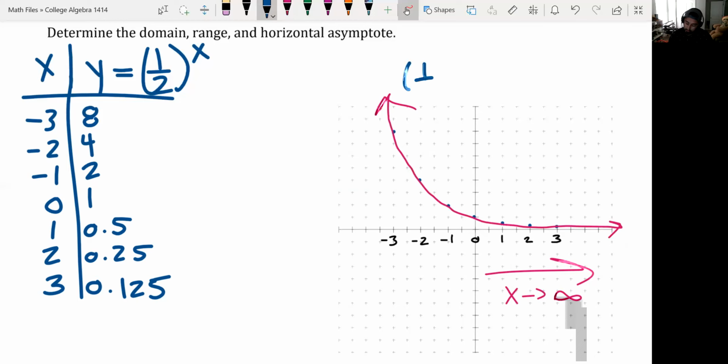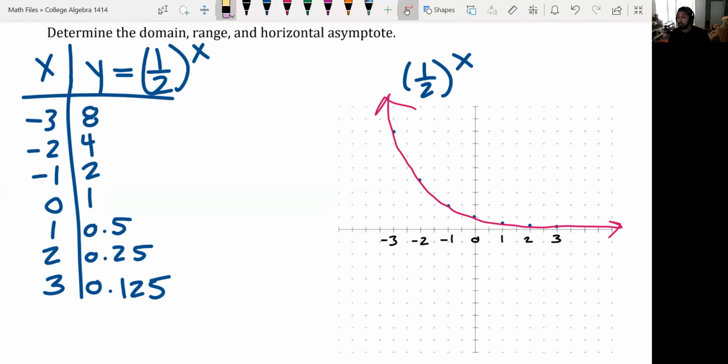And this is the graph of 1/2 to the x. Where again, since we'll never, ever touch the x-axis, we'll have another horizontal asymptote at y equals 0.